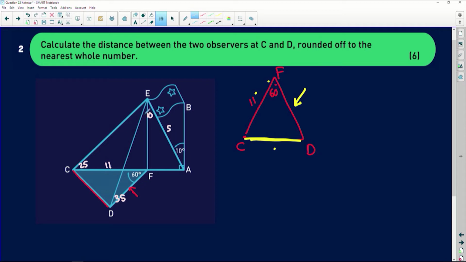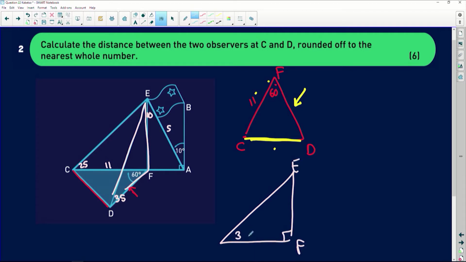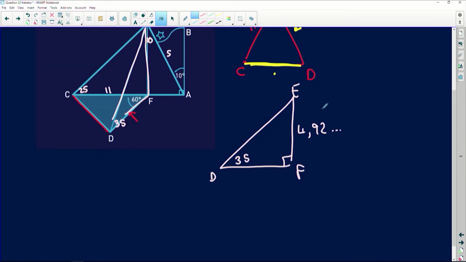Okay, well, if I look over here at this triangle, I see that I have 90 there, F there, E there, 35 here, and D. We've also found that this was 4,92 in our previous question. So now we have the opposite side.